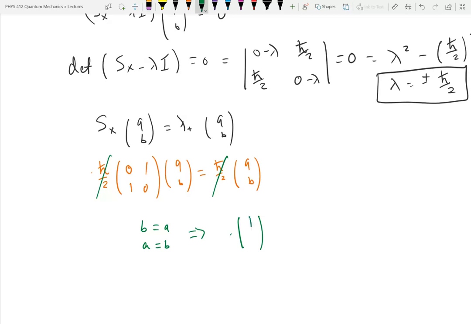1, 1. But I have to have a normalization constant because it has to be normalized. Yeah. And so then to normalize it, A star 1, 1 times A 1, 1 is equal to A mod squared times 1 plus 1.